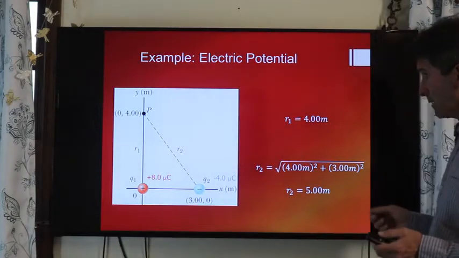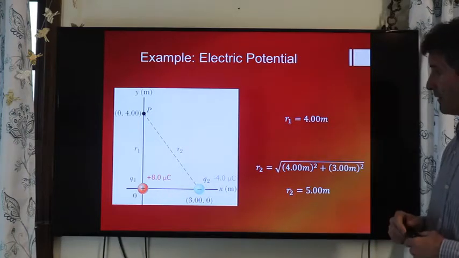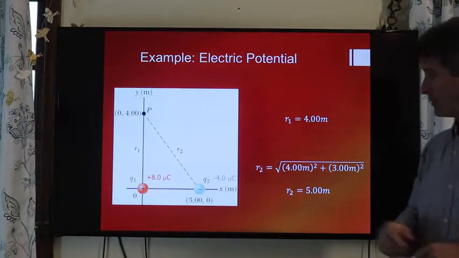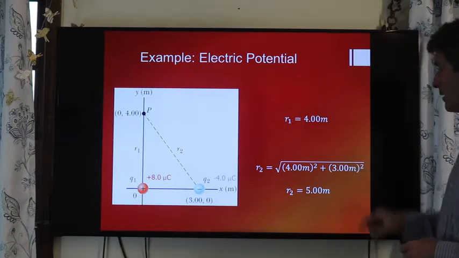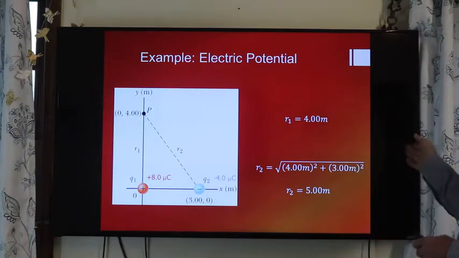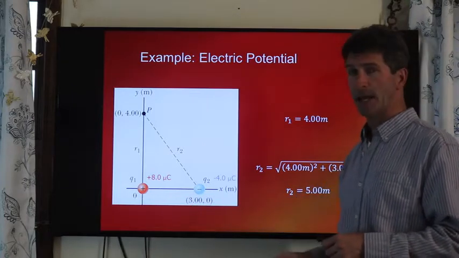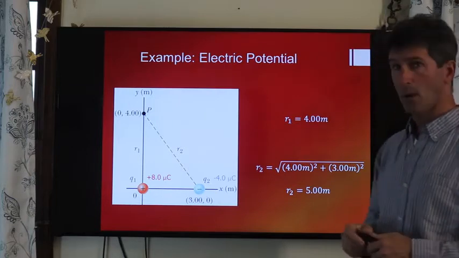So in this particular problem, R1 was easy to determine. I just look at that graph and I see that our point of interest is 4 meters above the origin. Our first charge is located at the origin. And now for R2, I see R2 is slightly off to the side. It's 3 meters on the x-axis, 4 meters away on the y-axis.